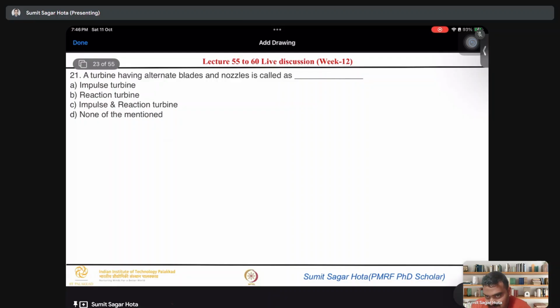A turbine having alternate blades and nozzles is called as dash. A turbine having alternate blades and nozzles is called what? Impulse turbine. This is the definition of an impulse turbine.